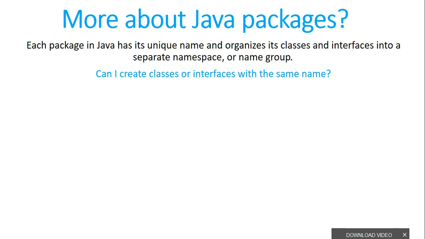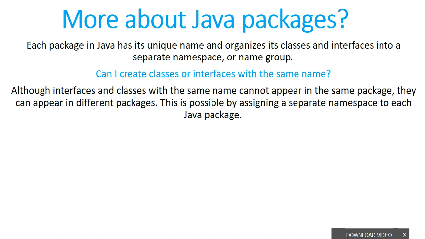Can I create classes or interfaces with the same name? Yes, just like what I've said a few seconds ago. You can create a class with the same name, but these two classes with the same name must exist in different packages. Although interfaces and classes with the same name cannot appear in the same package, they can appear in different packages.